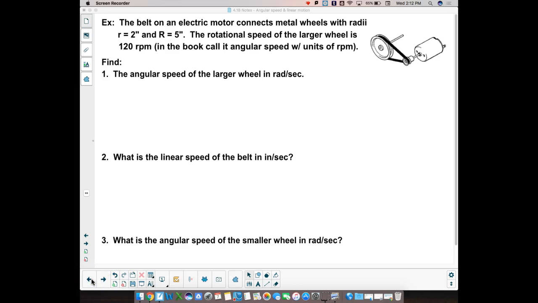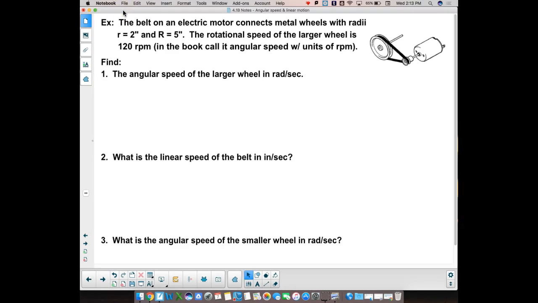The belt on an electric motor connects metal wheels with radii of 2 inches and 5 inches. The rotational speed of the larger wheel is 120 revolutions per minute. So we want to find the angular speed of the larger wheel in radians per second. Well, the large wheel is moving at 120 revolutions per minute.